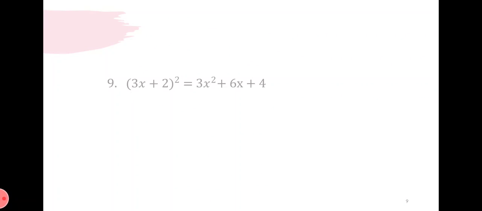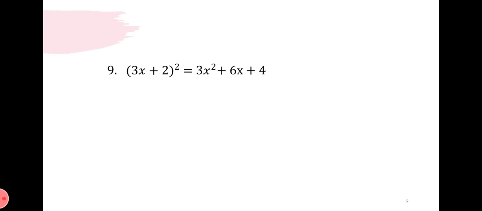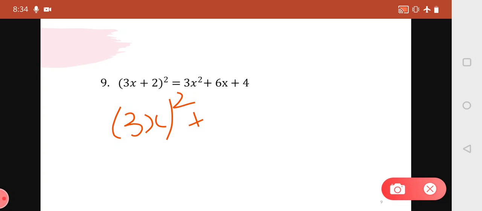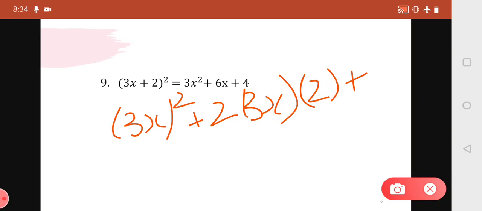Question number 9. 3x plus 2 whole square equal to 3x square plus 6x plus 4. Here you can see that they have used identity number 1, that is a plus b whole square equal to a square plus 2ab plus b square. Let's solve. Our a is 3x and b is 2, so we will get 3x whole square plus 2 into 3x into 2 plus 2 square.